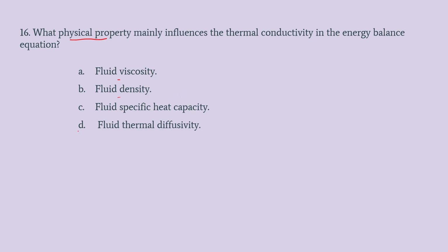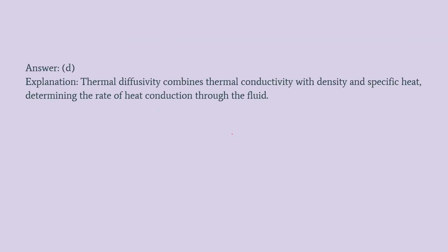So if you check the energy balance equation, our RHS will be having thermal diffusivity. So that is thermal diffusivity alpha is equal to K by rho Cp, where K is the conductivity, rho is the density, Cp is the specific heat.